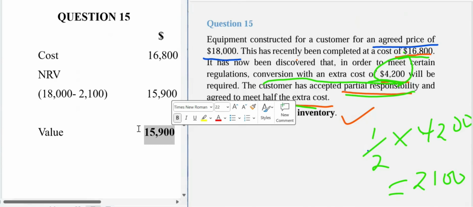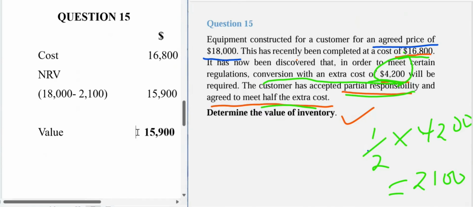There's nothing wrong with this question, or let me say this question is not difficult. What we should know is that the $18,000 is the proceed, or the amount we'll get from selling, or the selling price, right? And then the 16,800 is a cost, because it has been completed at that cost. Then we have conversion cost, or an extra cost of 4,200.